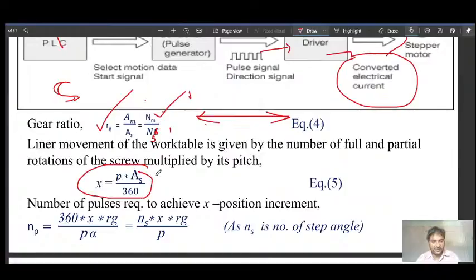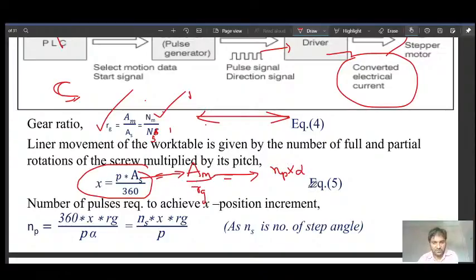Now if you need putting the value of as, as is am by rg, and again am value is the angle by which motor has rotated, that is np into alpha, and then we will divide, we will get as value.